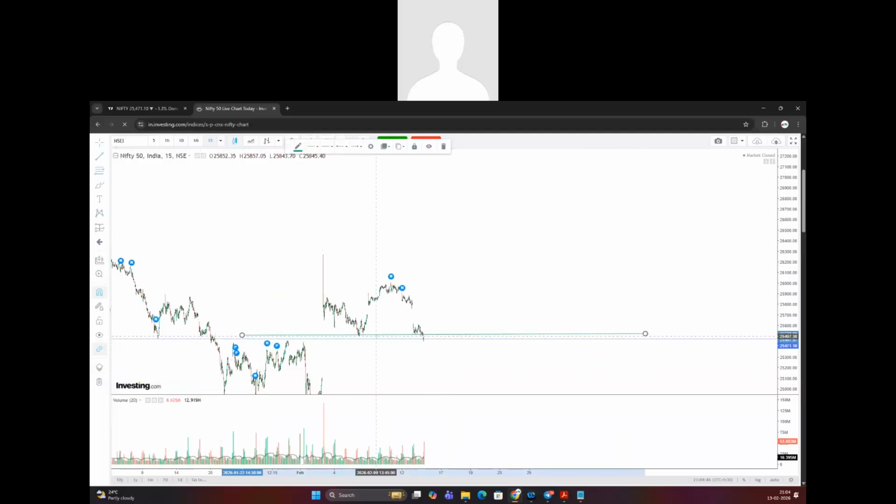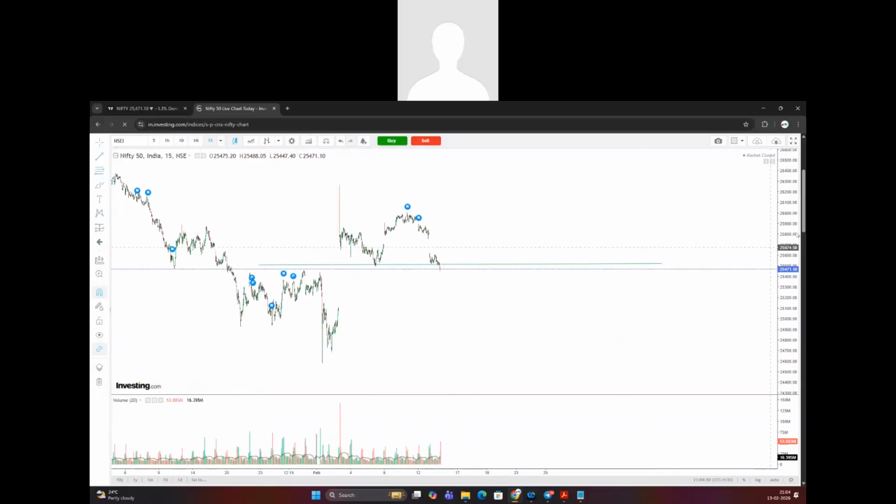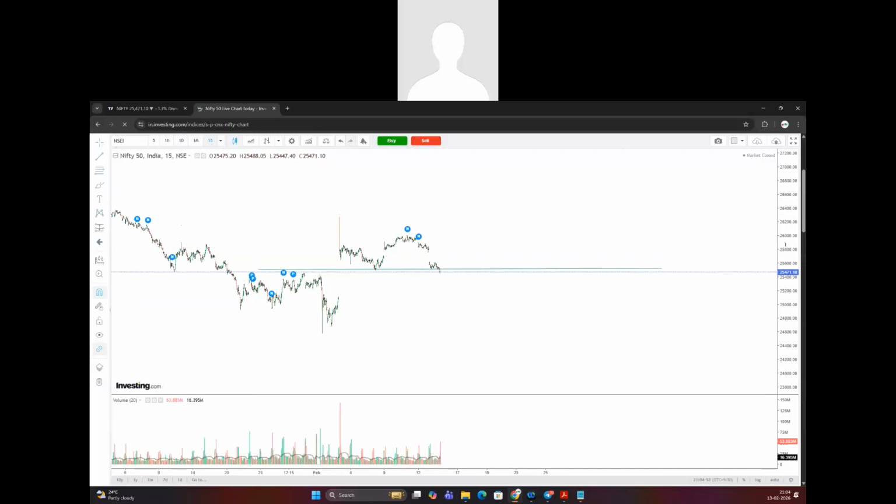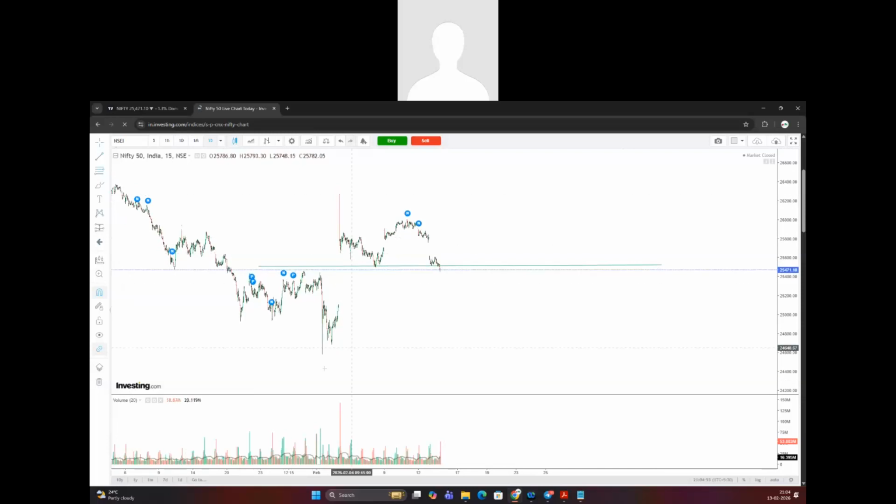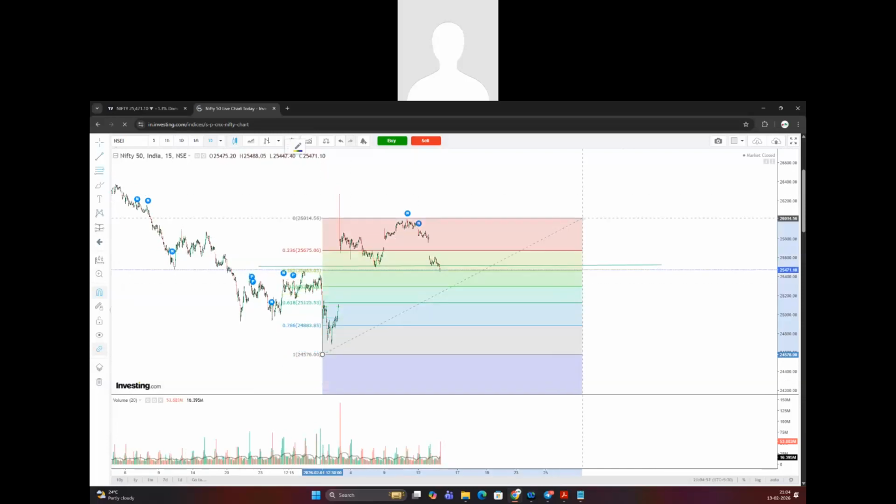Major support is already crossed. So that's the reason we are plotting it reversal. And moreover, from the low to the high, if it has crossed 0.236, we're gonna plot for the reversal.